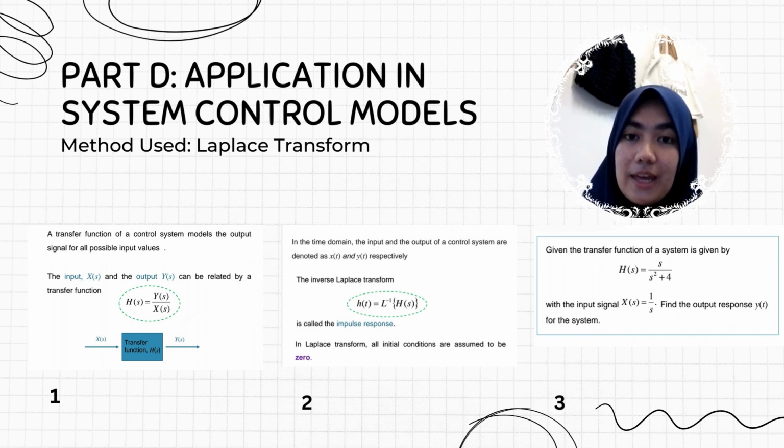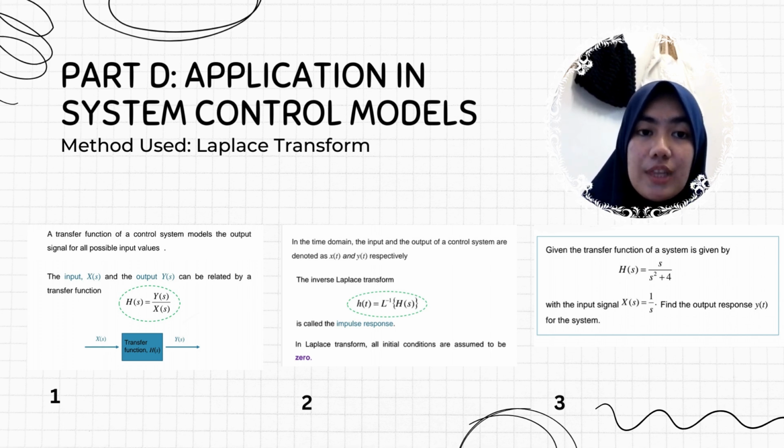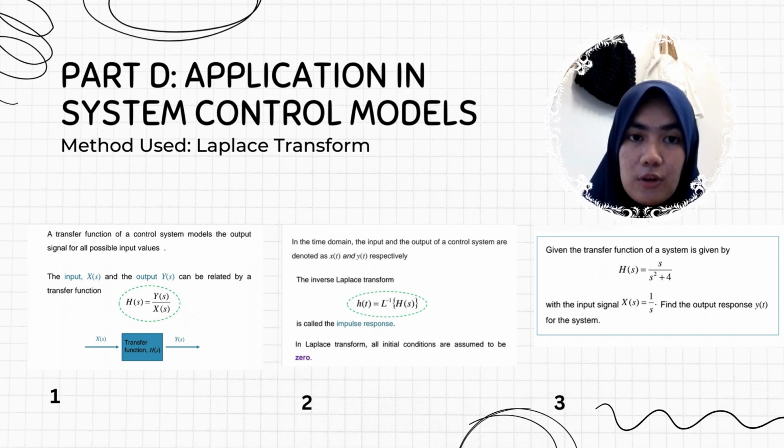So from the example I chose, the transfer function of a system is given by H(s) equals s over s squared plus 4, with the input signal X(s) equals 1 over s. Find the output response y(t) for the system.